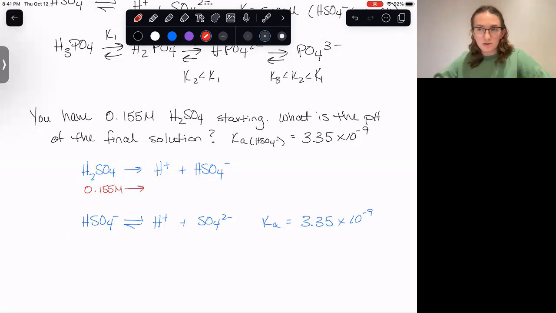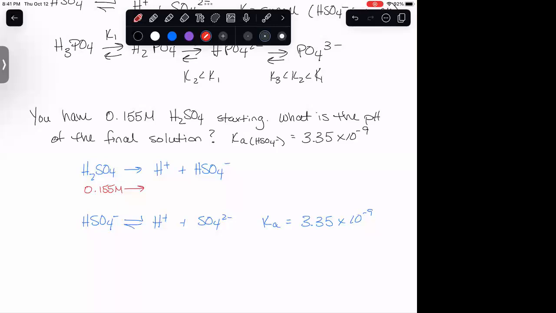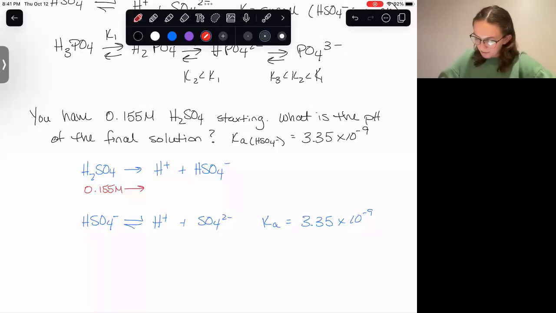So what is our concentration of H plus right after H2SO4 completely dissociates? 0.155 molar, correct? Yep, perfect. And since there's a 1:1:1 ratio, we have 0.155 molar here as well.